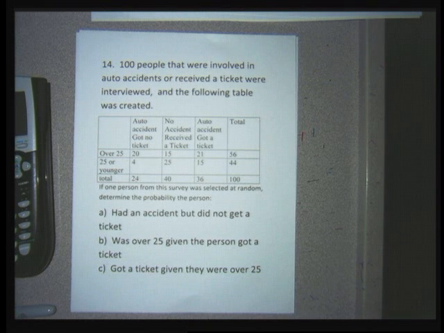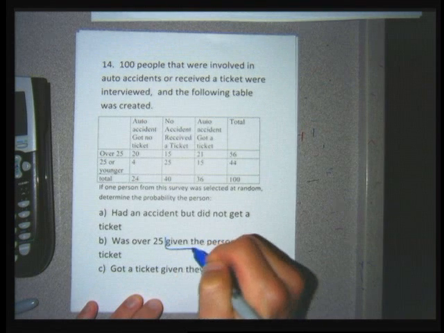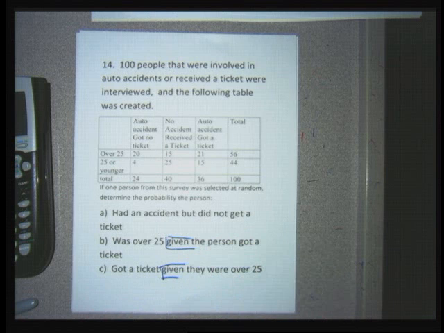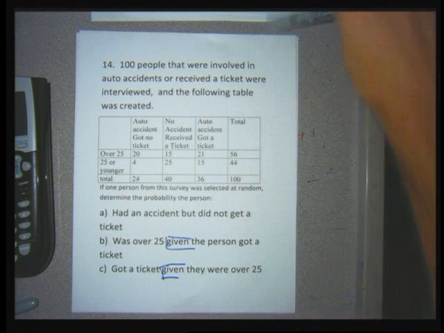Because 100 people were surveyed, I'd like my denominators to be 100, and my denominator will be 100 for each of the probability question answers, unless I see the word if or given in the question. Very specifically, in parts B and C, the given that I see in those questions will make it so my denominator of that probability isn't 100.